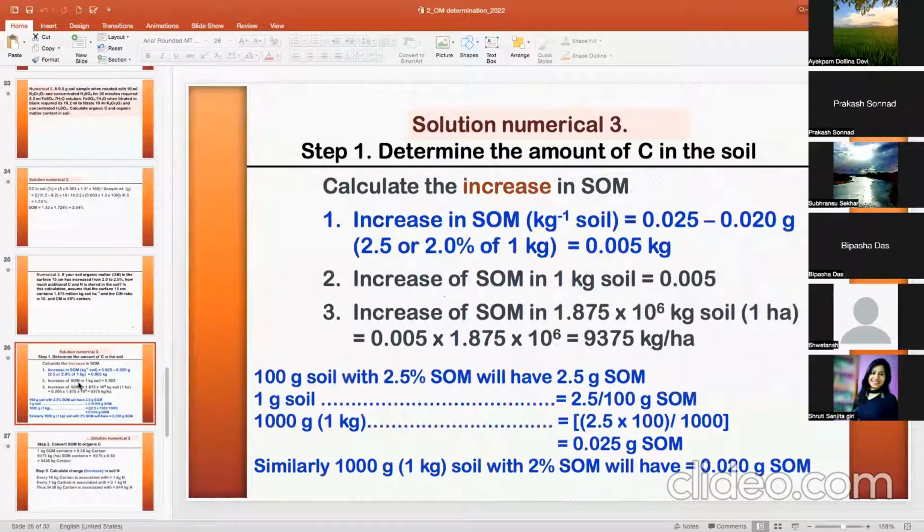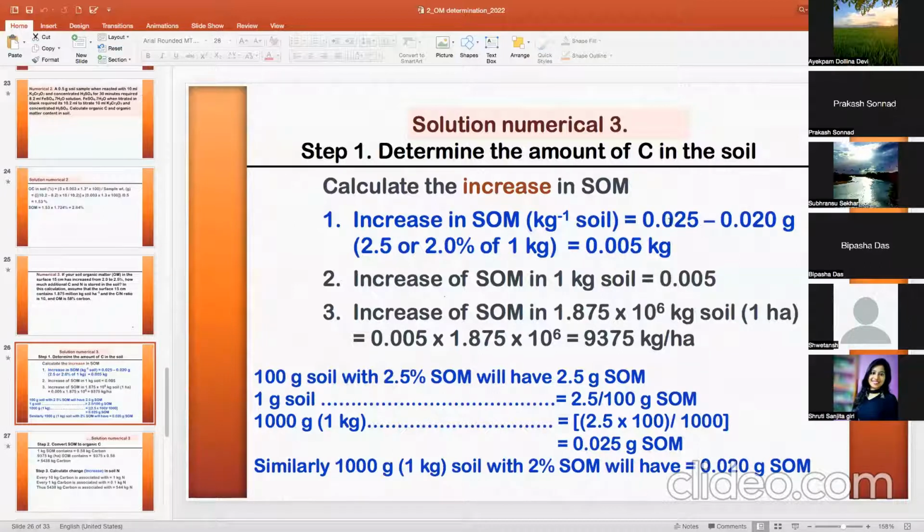Now concentrate your attention here. First, you need to determine the amount of carbon in the soil, or how much is the increase. So first calculate the increase in soil organic matter per kg soil.